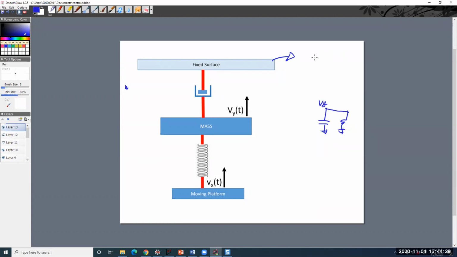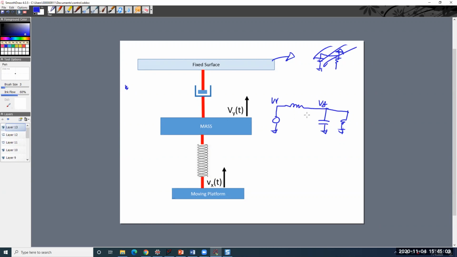Now, if I were to draw it the other way and then connect it like that, well, now I've connected both sides of the capacitor to ground, and that's not going to work. Now I have the moving platform, that is the input, and it goes through the spring. All right.